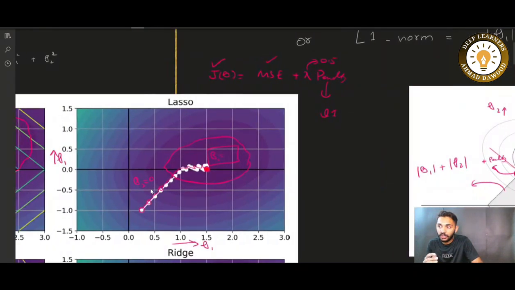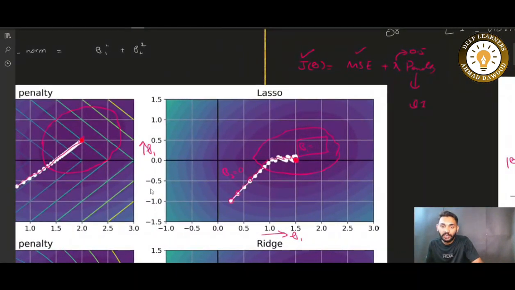You want such parameters which give you less error and also have smaller values. In other words, when you are doing regularization, you are not only minimizing the mean square error, you also consider how you can minimize your coefficients.